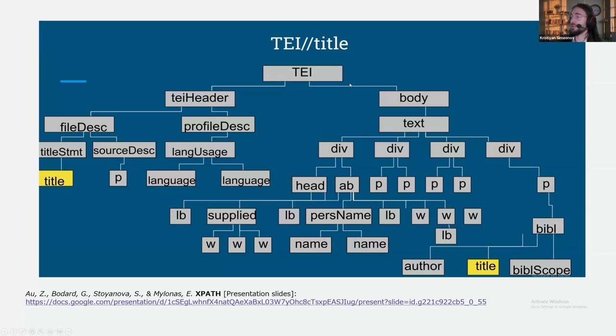And of course, we can write the whole path down, meaning TEI slash body slash text slash div slash p slash bible slash title. But it's going to be redundant, and very prone to mistakes, which can jeopardize our code.